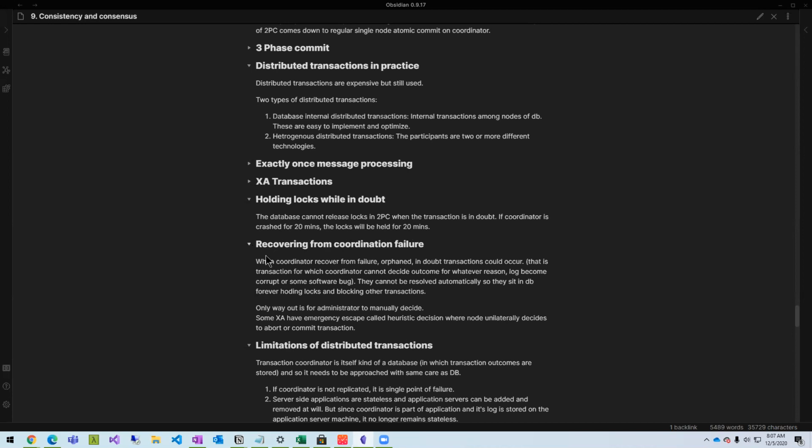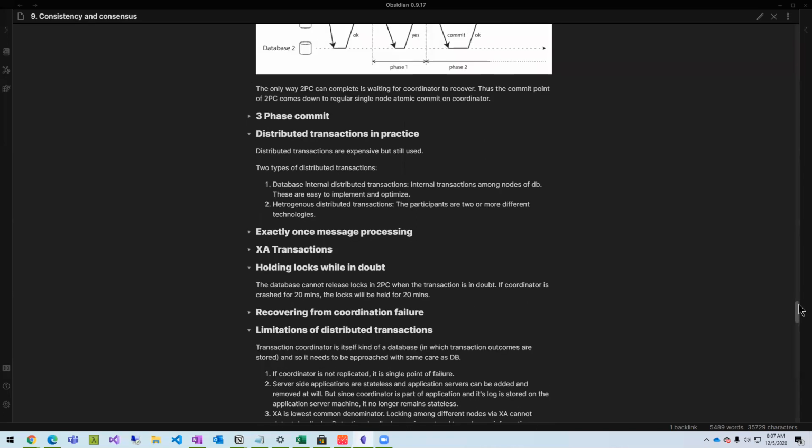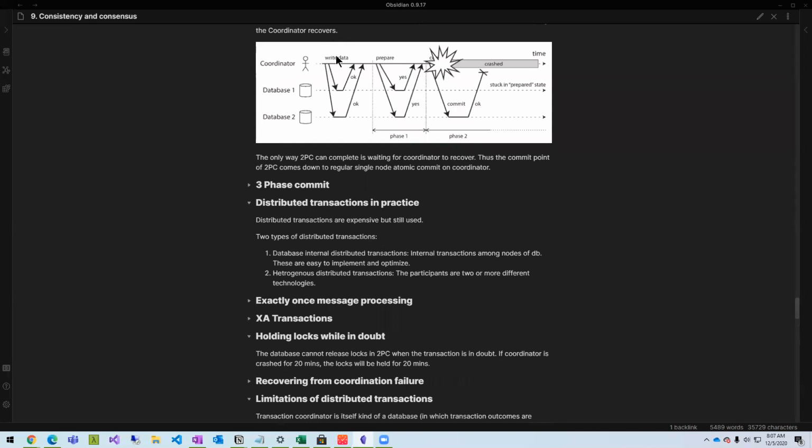Now, the limitations of distributed transactions. As everyone can see, the coordinator is a single point of failure.